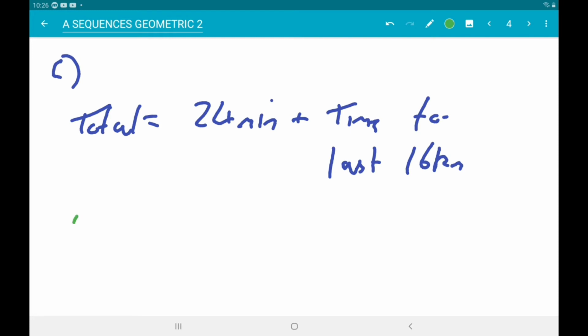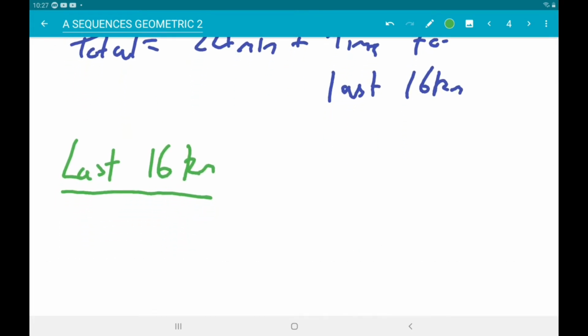So, the first kilometer we care about is the 5th one. So that's 6.3 minutes. So that's the first term of our geometric sequence. And we know that r is 1.05.